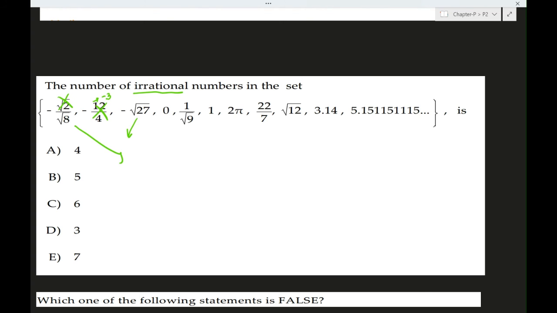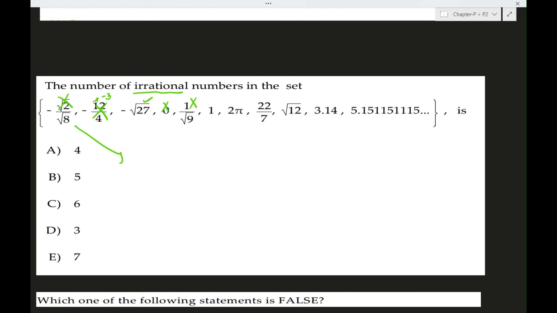We know that 27 is not a perfect square, so this is irrational. So let's tick. 0 is a rational number, so this goes. And here we have 1 over root 9. 1 over root 9 is the same thing as 1 over 3, which is rational, so this is also not included.